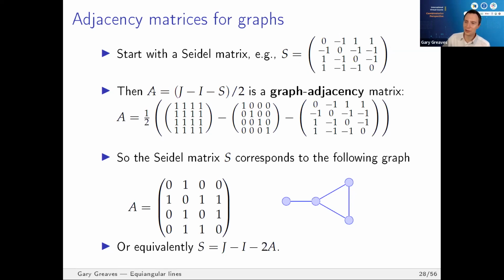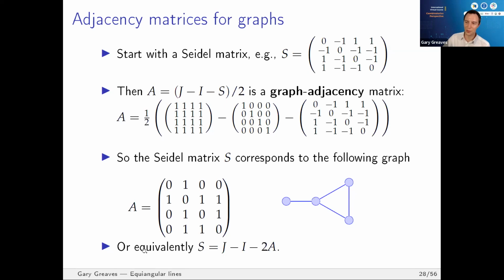So we can write the graph adjacency matrix like this: A equals J minus I minus S. Again, J is the all ones matrix, I is the identity matrix, and then minus S, which is this one here. If we do this, it will give us a graph adjacency matrix just having zeros and ones.